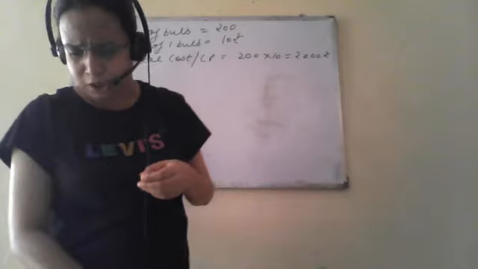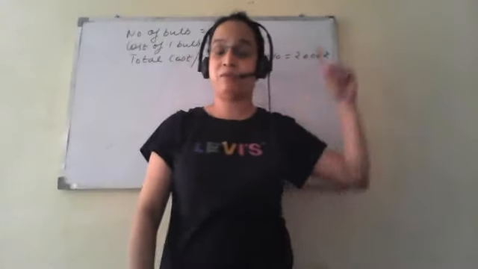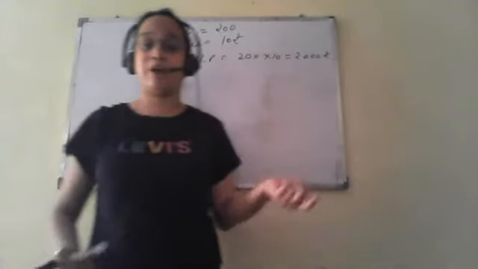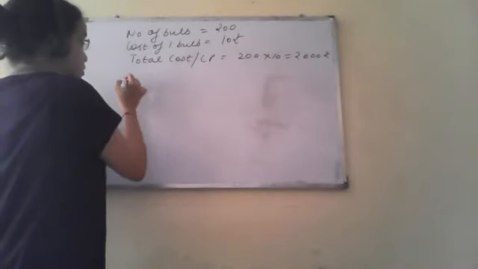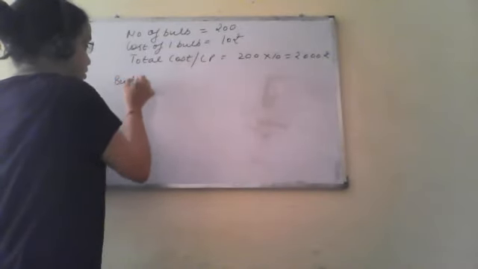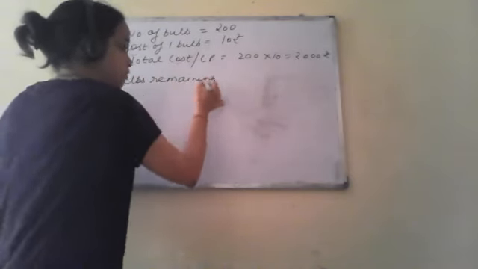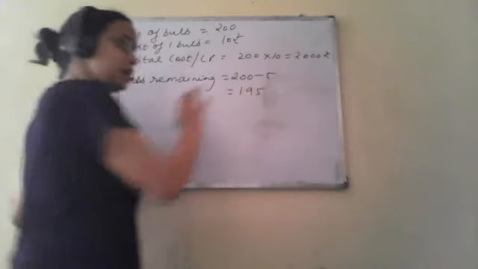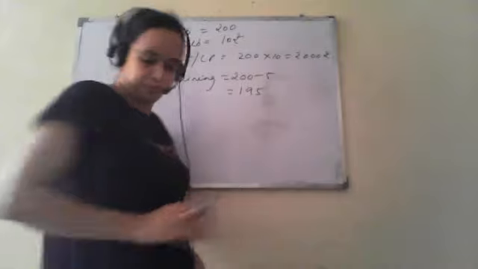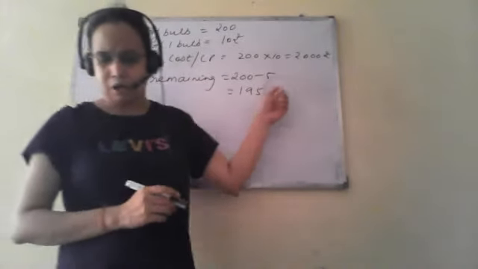Fine. Now, he said 5 bulbs were fused. So how many bulbs is he left with? He purchased 200 bulbs, and 5 bulbs were fused. So the bulbs remaining will be 200 minus 5, so he has 195 bulbs with him. And now he said the remaining were sold at 12 each.